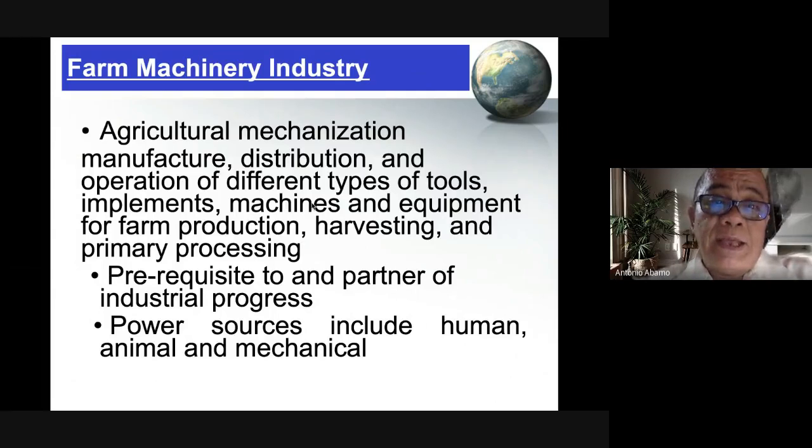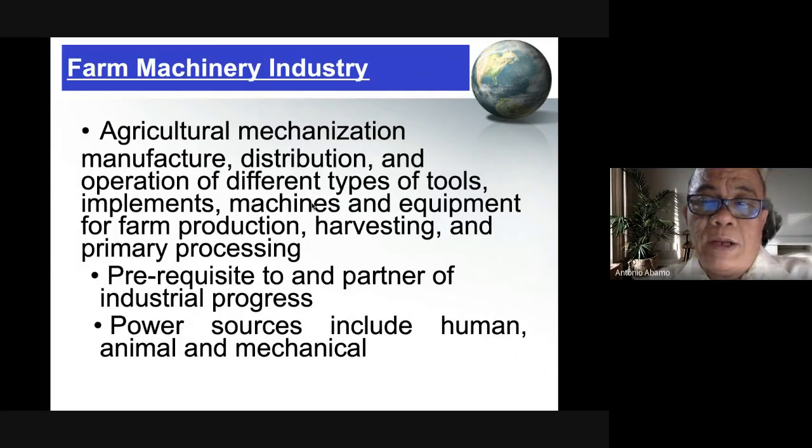Another point for farm mechanization is that the power sources include human, animal, and mechanical. So when it comes to farm machinery, we consider three types of power sources: human, animal, and mechanical.